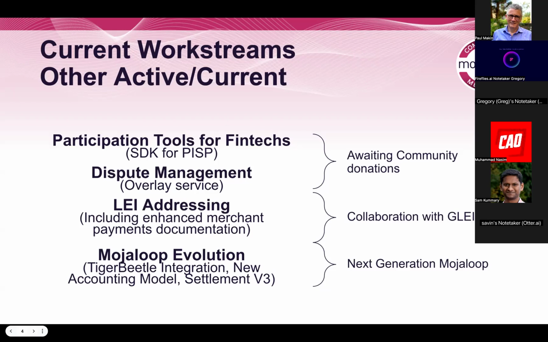And not only does that introduce a more rigorously accounted baseline for Mojaloop deployment, but it also promises something of an order of magnitude improvement in Mojaloop transaction speeds and capacity.